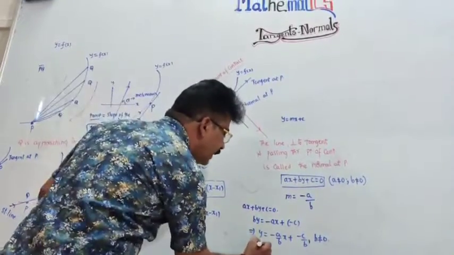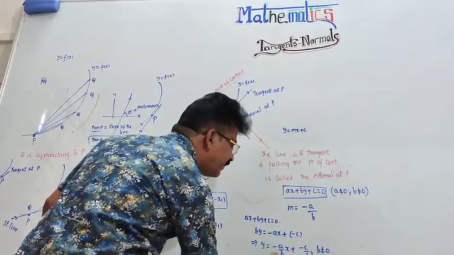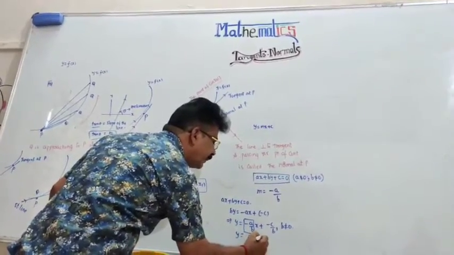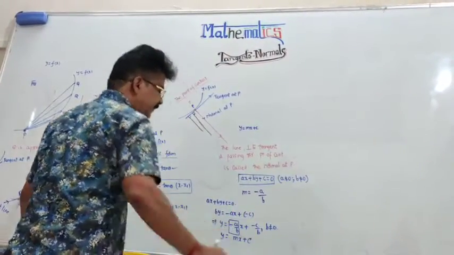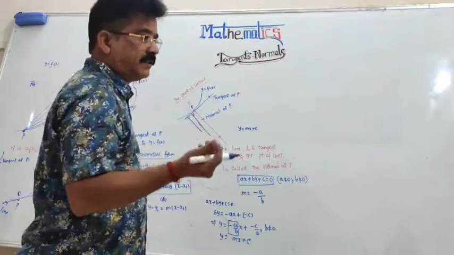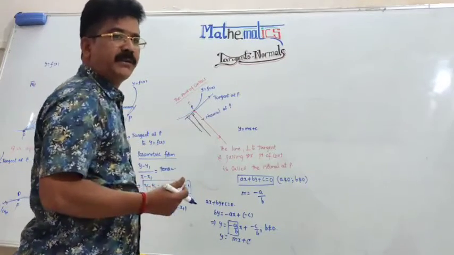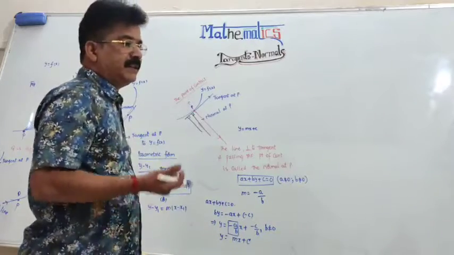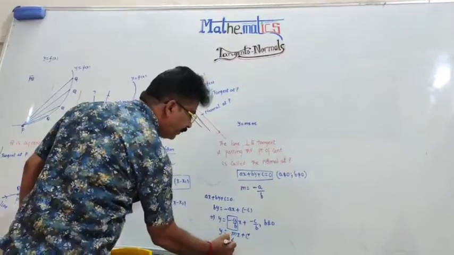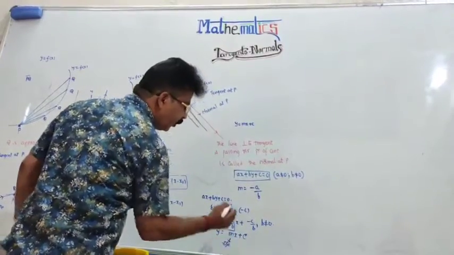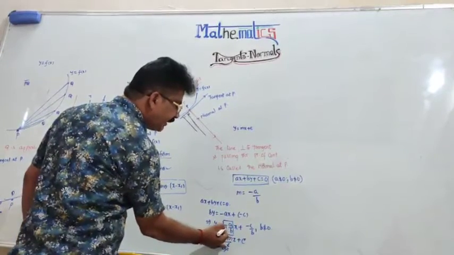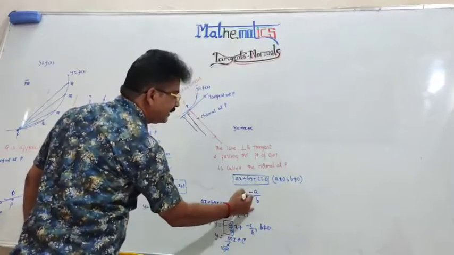So clearly we see that it is in the form of y is equal to mx plus capital C. Whenever the equation is expressed in the form y is equal to mx plus c, m stands for the slope, meaning the x coefficient is the slope. Here the x coefficient is minus a by b. That's what I said already.